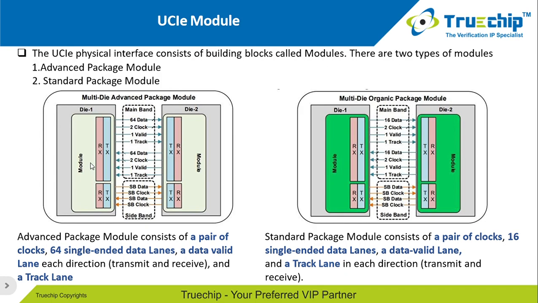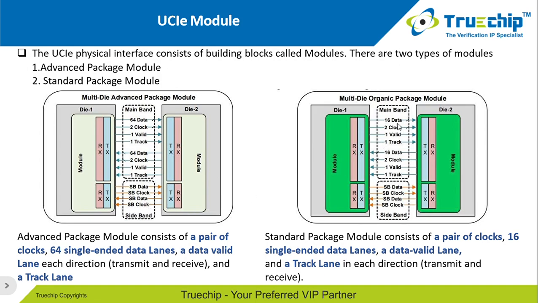The advanced package module supports x64 lanes, or we can say the data is transmitted through 64 lanes, and it can also support x32 lanes. The standard package module supports x16 lanes, where the data is transmitted through 16 lanes. Here we can see that for the mainband there are 64 data, 2 clock, 1 valid and 1 track, plus the sideband data and sideband clock.